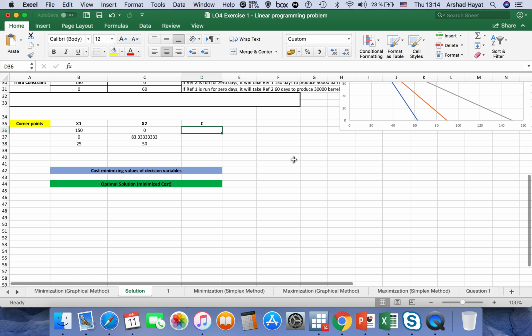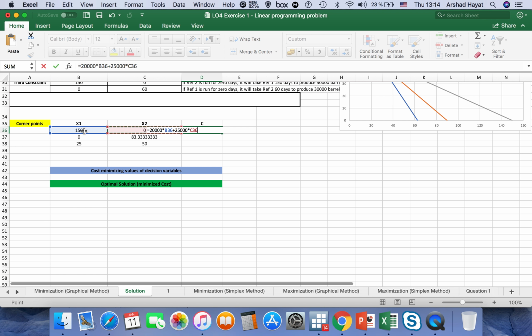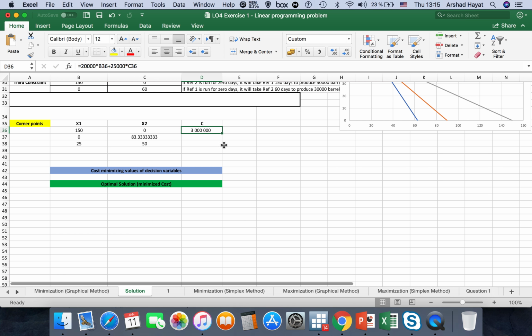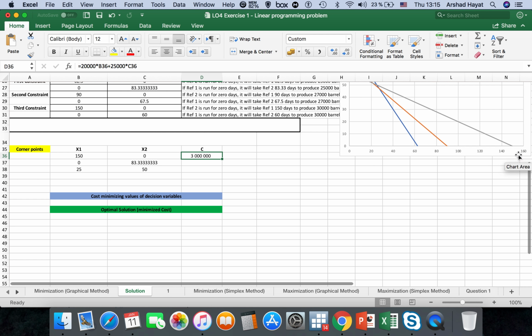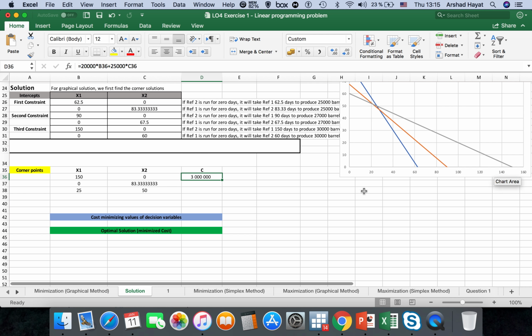So I'll write it here: 20,000 multiplied by x1, where x1 is the number of days, 150, plus 25,000 multiplied by the number of days that refinery 2 is run, which is 0 in this case. So the total cost for us to meet all these requirements and produce at this point would be $3 million, right?